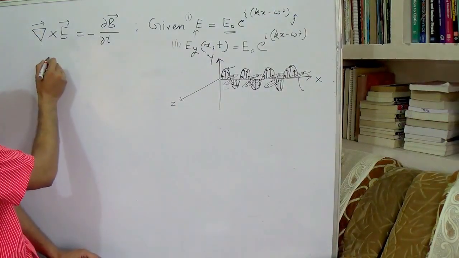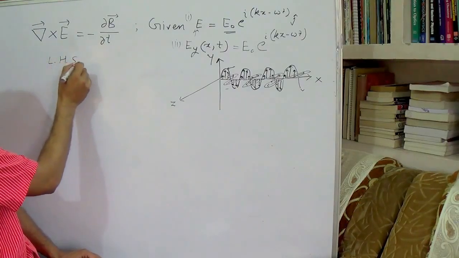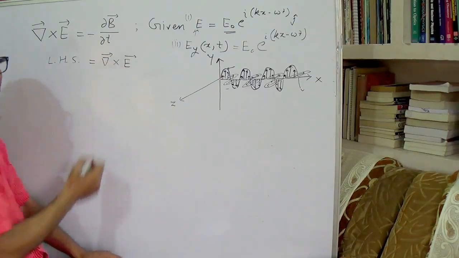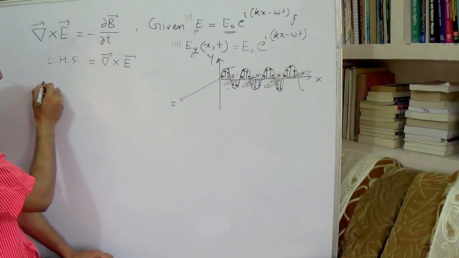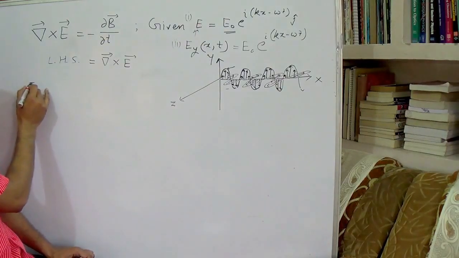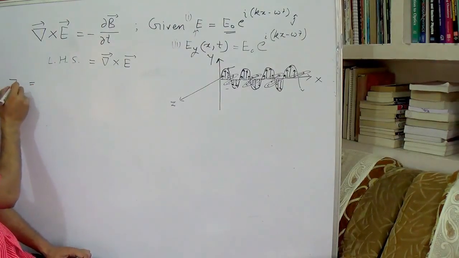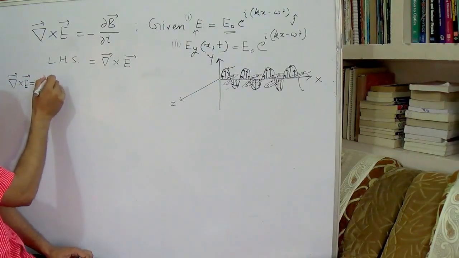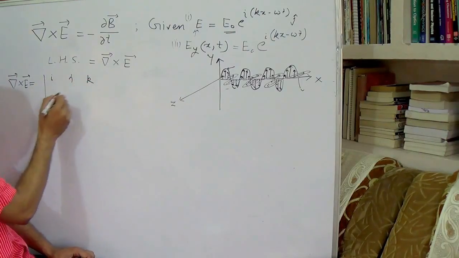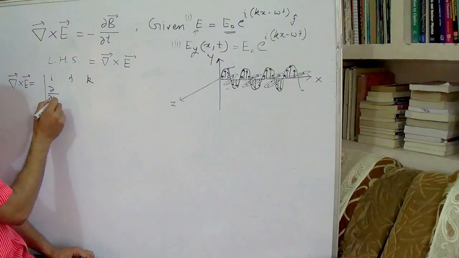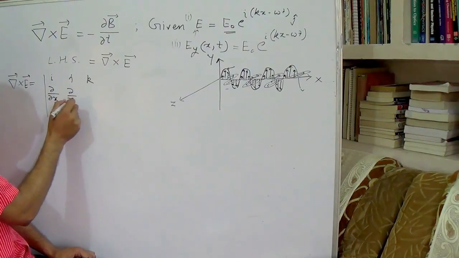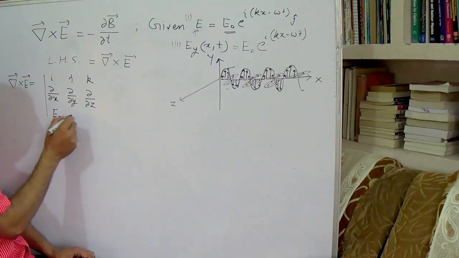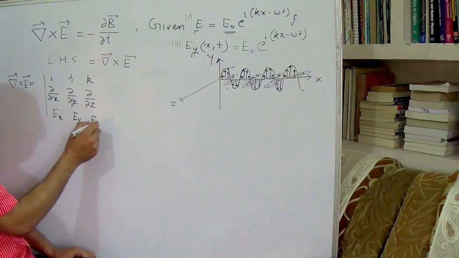So del cross E, the left hand side, can be written in the determinant form. Del cross E is equal to the determinant with i, j, k, then partial differentiation del upon del x, del upon del y, del upon del z, and the electric field components Ex, Ey and Ez.